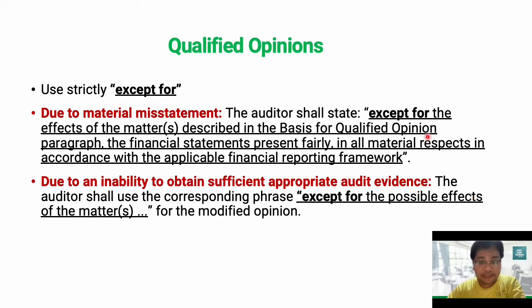So notice the difference. When we use "except for the effect," that is due to misstatement. But if we use "except for the possible effect," the reason for modification or qualification is because of the inability to obtain sufficient and appropriate evidence.